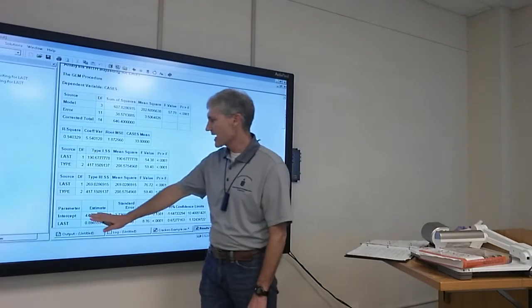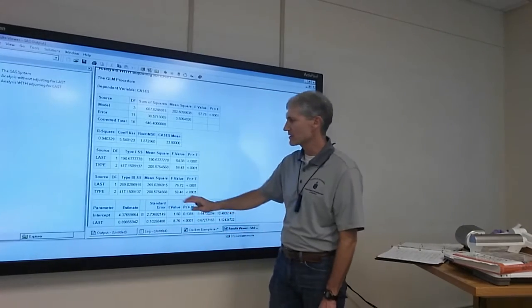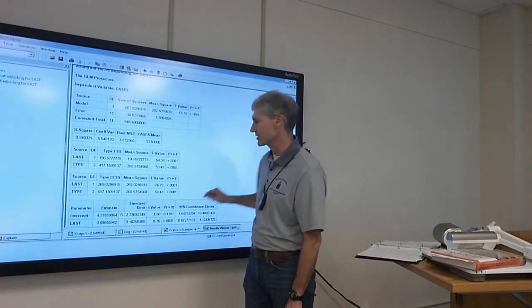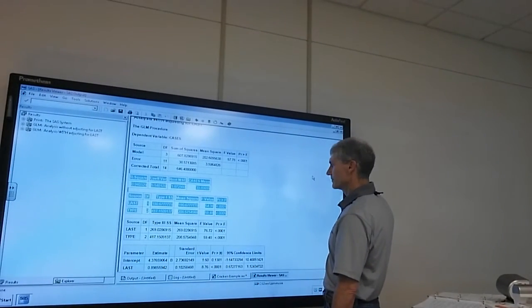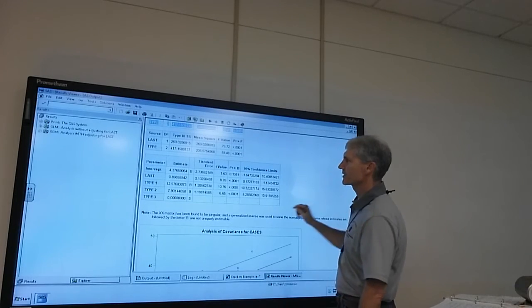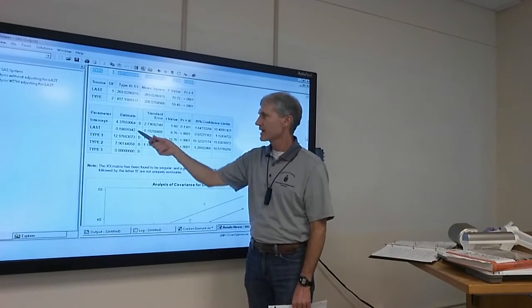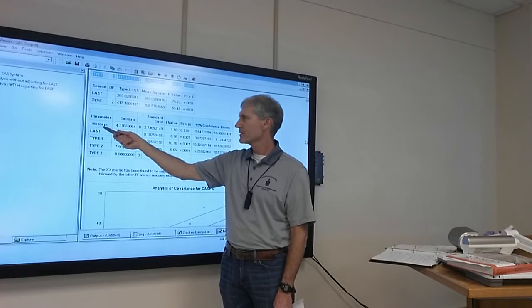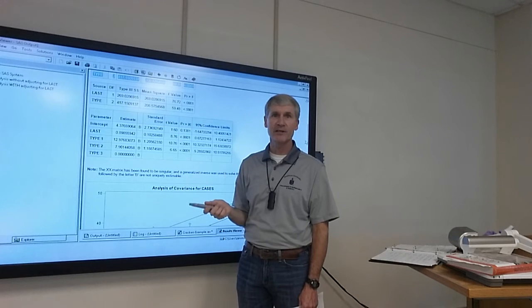Okay? And then I added a special option on my model statement to have it give me the parameter estimates. So let me scroll up and let's look at those parameter estimates. Okay? So here's my model. I got an intercept term. Well, the model that I wrote a minute ago didn't have an intercept term in it.